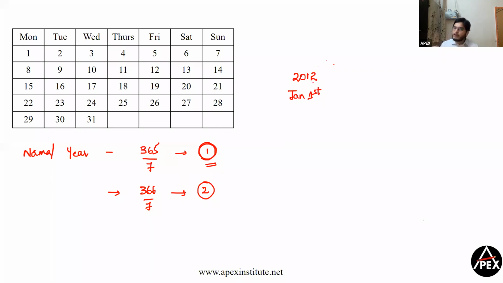If Jan 1st of 2012 is on Monday, okay, then what will be Jan 1st of 2013? Wednesday. Perfect. It will be Wednesday. There will be a shift of 2 days. Okay, ఇందులో కూడా చిన్న ట్రాప్ ఉంటుంది that we will discuss while practicing the problems. Now, did you understand this? One odd day and 2 odd days.